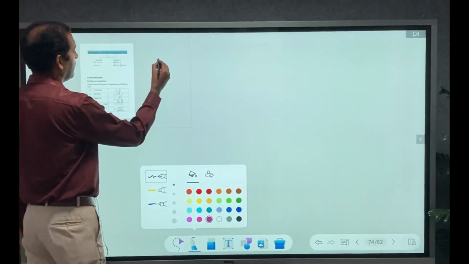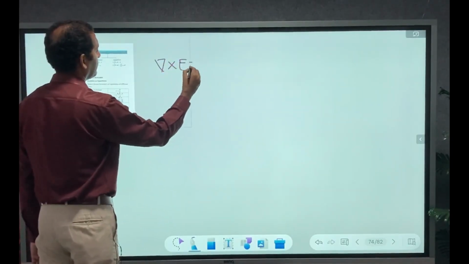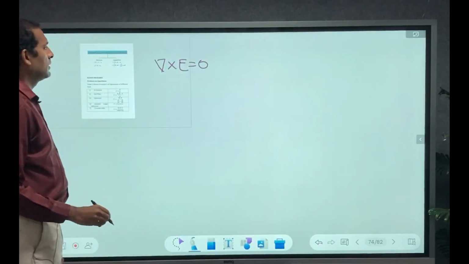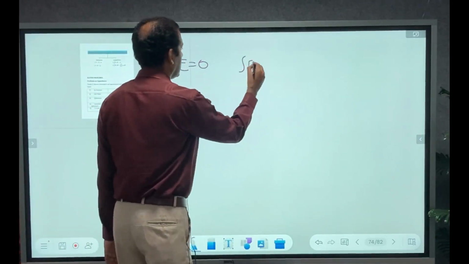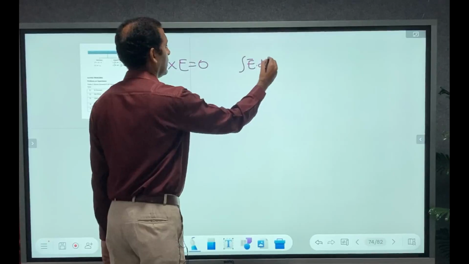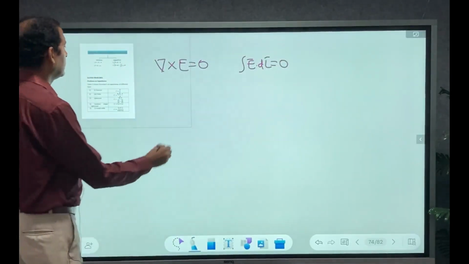So first, in point form, del cross E is considered as 0. Its integral form is E bar dot dl bar equal to 0.